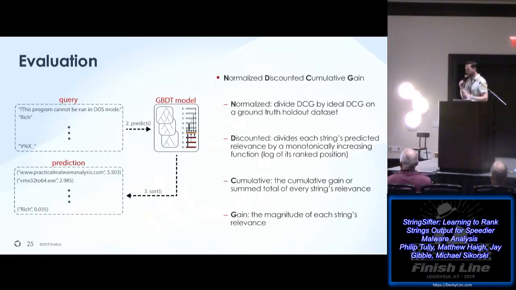And then finally, we want to normalize this because different strings outputs will contain different numbers of strings. In order to have a good comparison of our algorithm across different strings outputs, you need to divide this by the ideal discounted cumulative gain for that strings output.